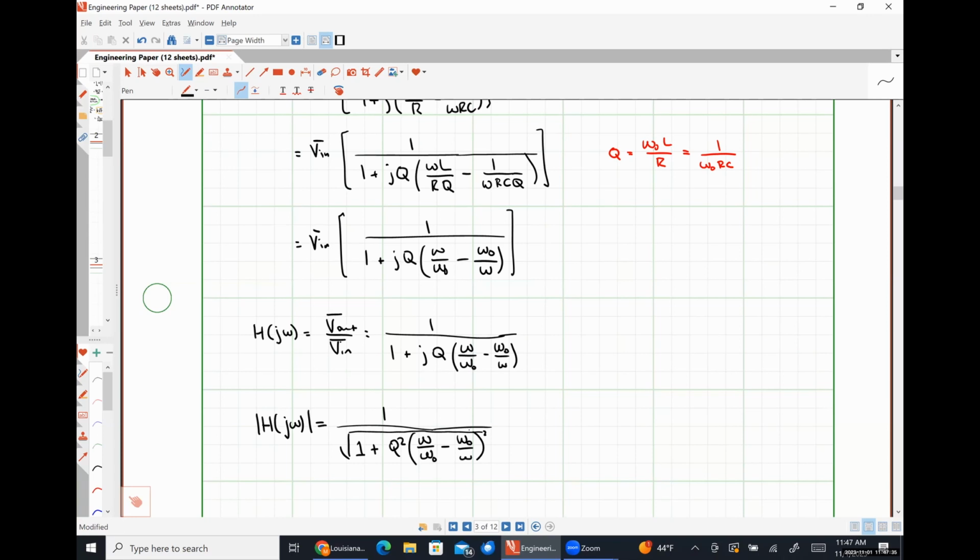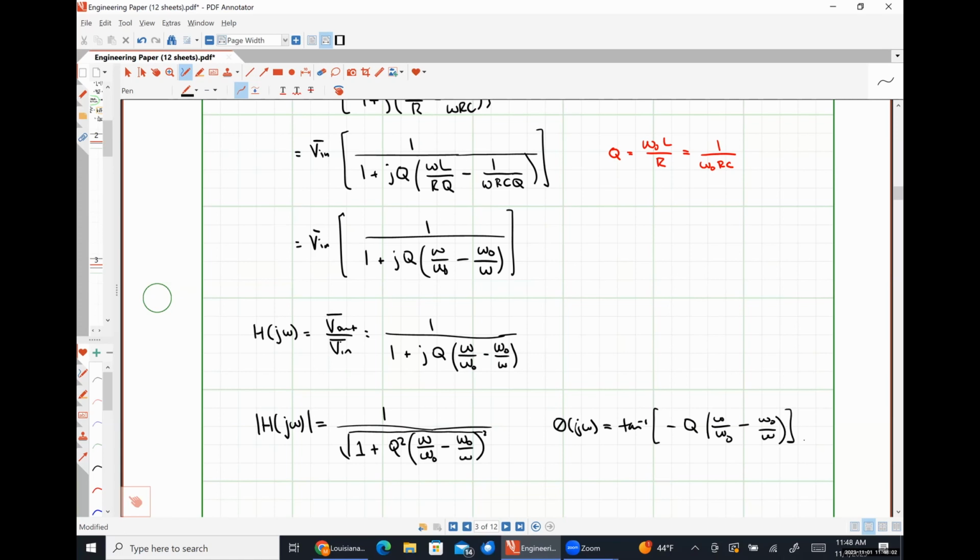And the phase response as a function of omega is just going to be the inverse tangent of negative Q times omega over omega naught minus omega naught over omega.